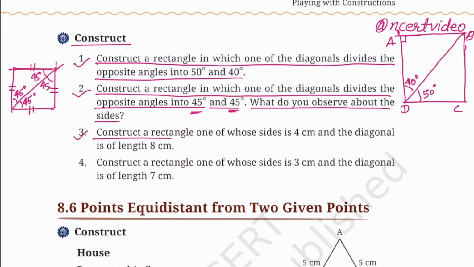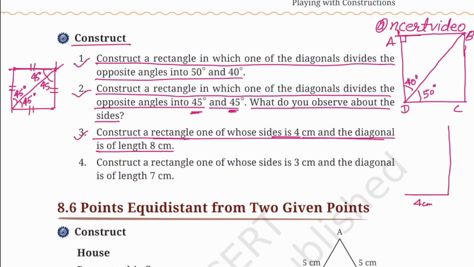3. Construct a rectangle, one of whose sides is 4 cm and the diagonal is of length 8 cm. You can draw one side of length 4 cm.